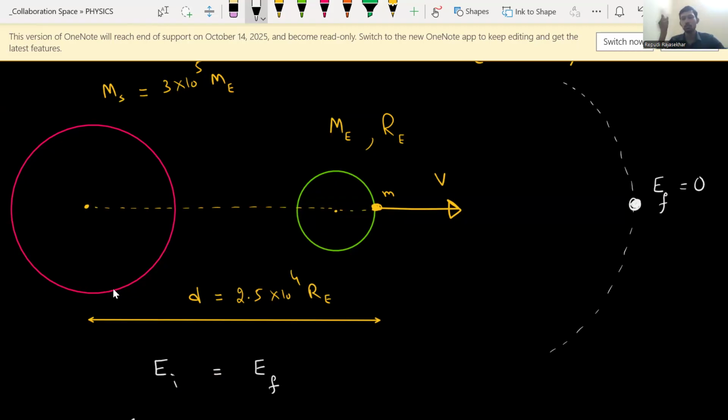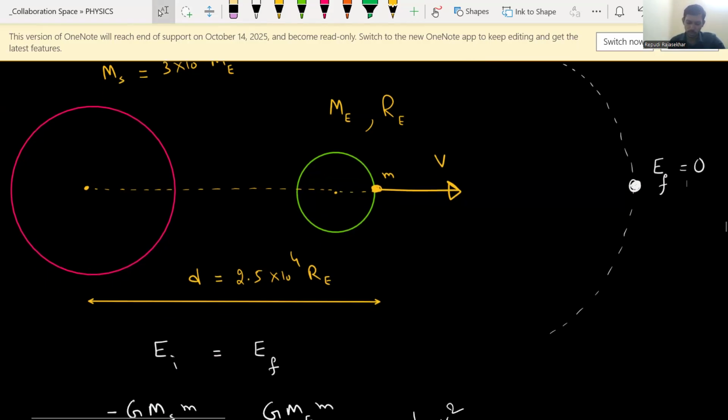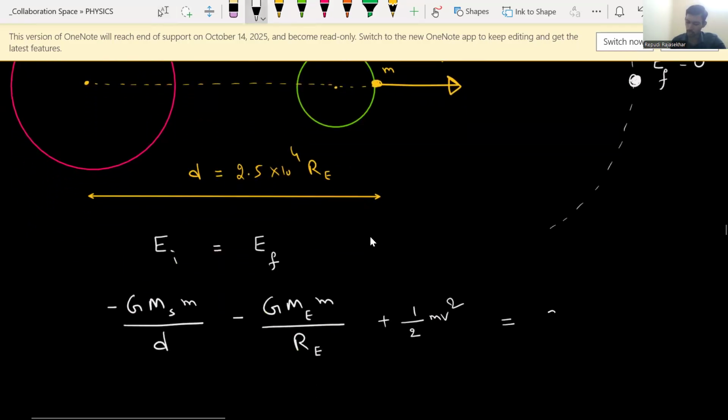At the highest point the velocity becomes 0, and if velocity is 0, kinetic energy is 0. Once it crosses the gravitational field, there is no interaction between the system and the rocket. If there is no interaction, potential energy becomes 0, because potential energy is nothing but interaction energy. So kinetic energy is 0, potential energy is 0, so the final energy also becomes 0.